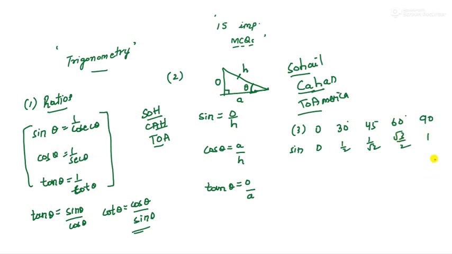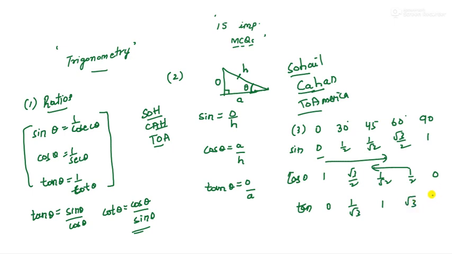For cos it is in the opposite direction, the same values: 0, 1 by 2, 1 by root 2, root 3 by 2 and 1. Understood? This is for cos theta. And for tan it is the division of sine and cos. 0 by 1 is 0, then 1 by root 3, then 1, then root 3, and here infinity or undefined. So these three things are done.